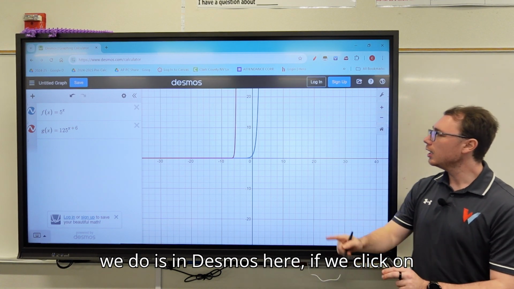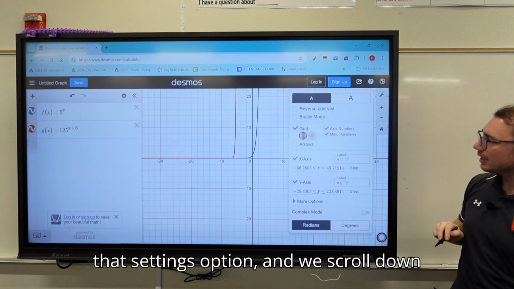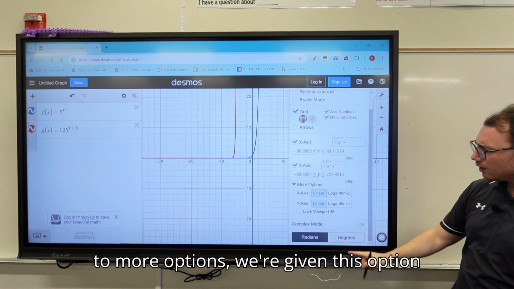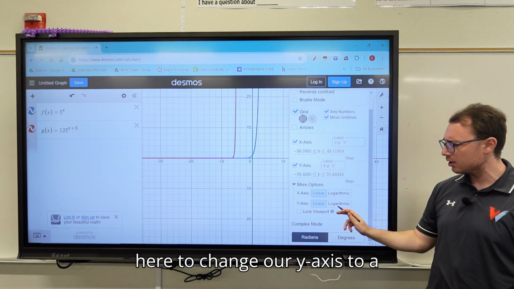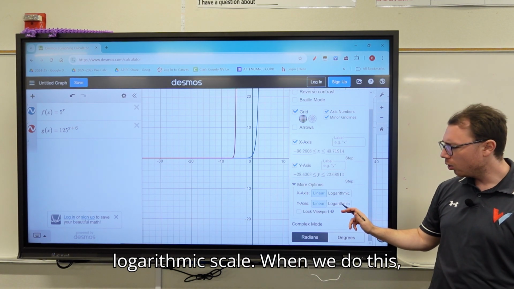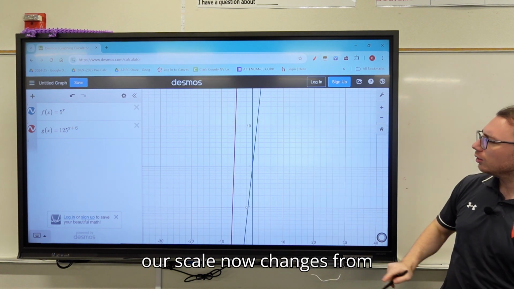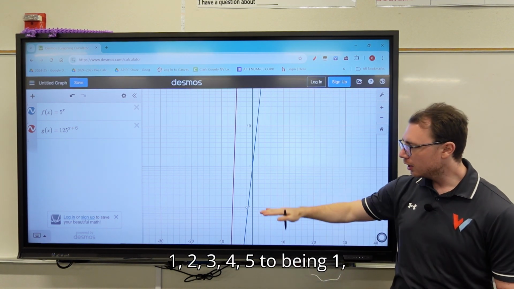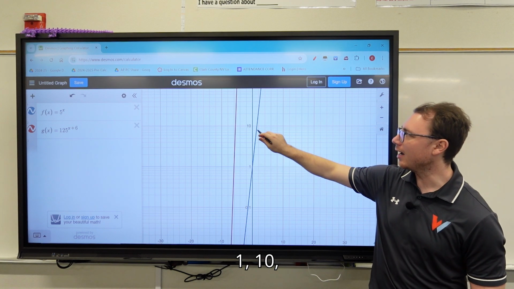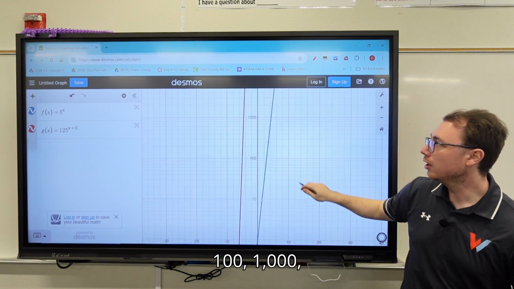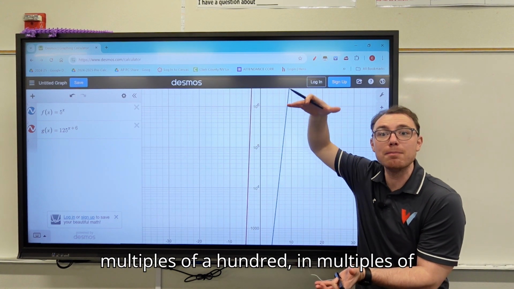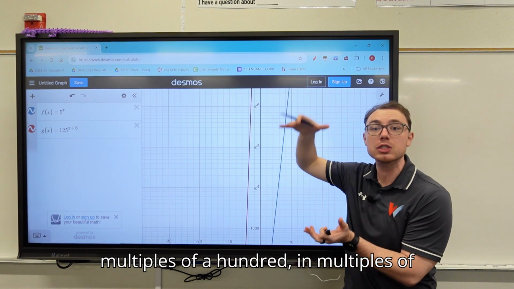In Desmos, if we click on the settings option and scroll down to more options, we're given the option to change our y-axis to a logarithmic scale. When we do this, our scale changes from 1, 2, 3, 4, 5 to 1, 10, 100, 1,000, 10,000, 100,000, in multiples of ten.